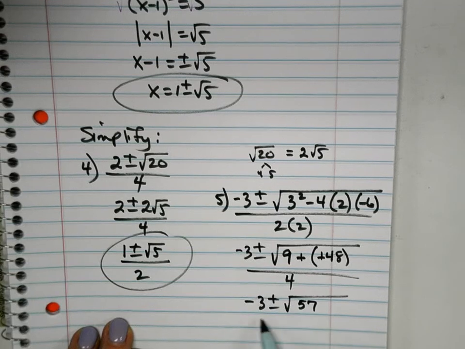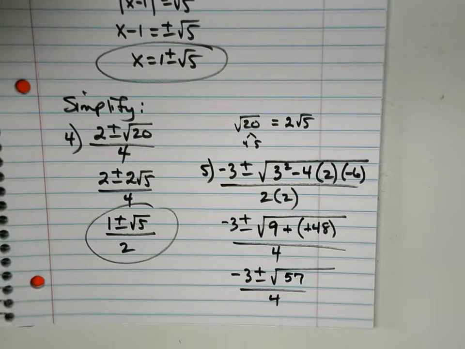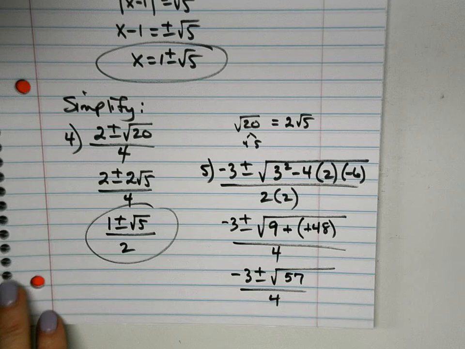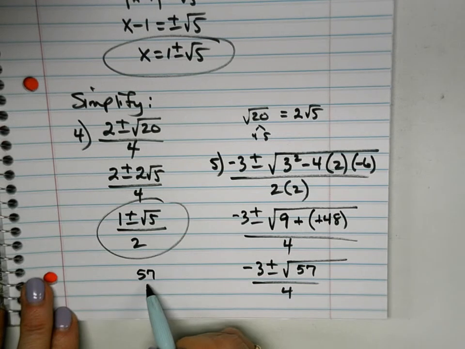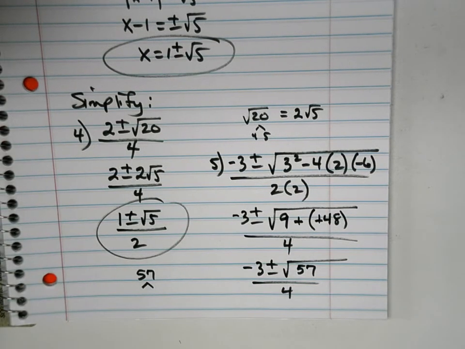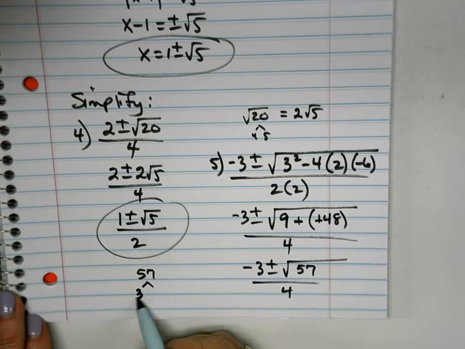57, all over 4. Okay, then what we would be looking at is factors of 57, and I'm not real good with that right off the top of my head. There is something I know for sure goes into 57, because 5 plus 7 equals 12. What should go into 57? 3, right? If when you add the digits, 3 goes into that number, then 3 is going to go into 57. Okay, can you do that division?